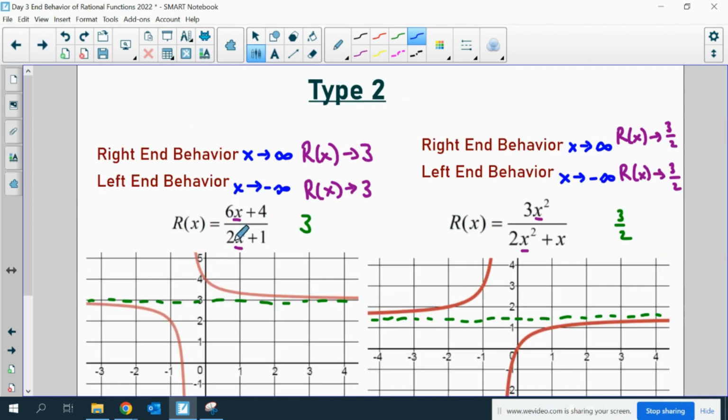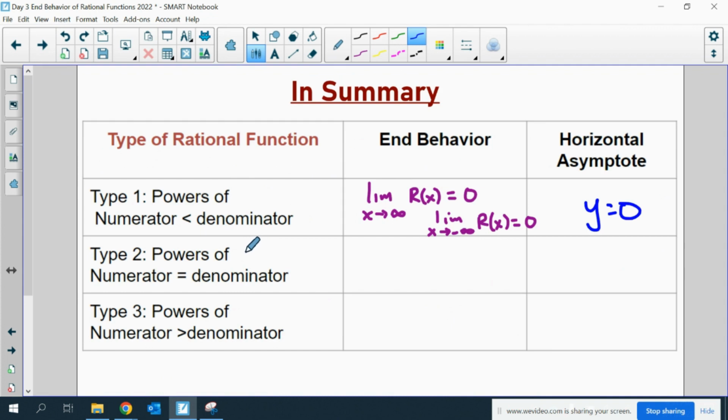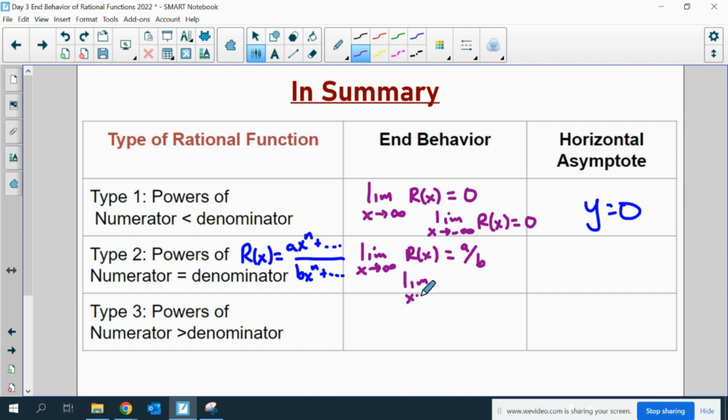When the powers are equal on the top and bottom, we divide the leading coefficients. So if I have a function in number 2, r of x, ax to some power, and that's the biggest power, over bx to that same power, writing it in this new notation, the limit as x goes to infinity of r of x is equal to a divided by b, or the limit as x approaches negative infinity of r of x equals a over b.